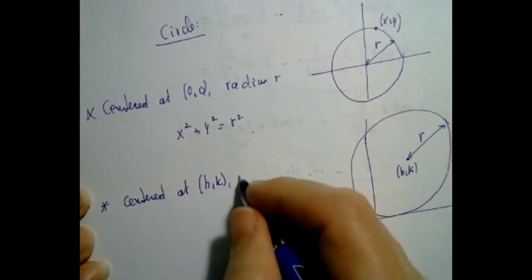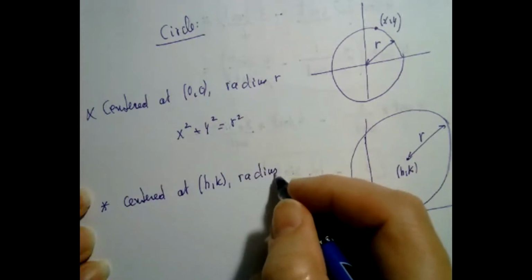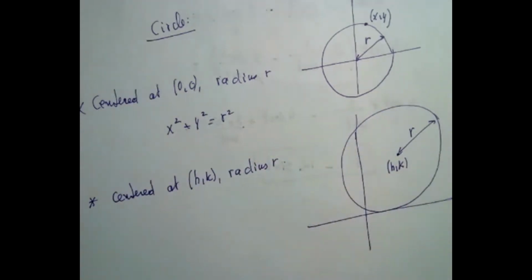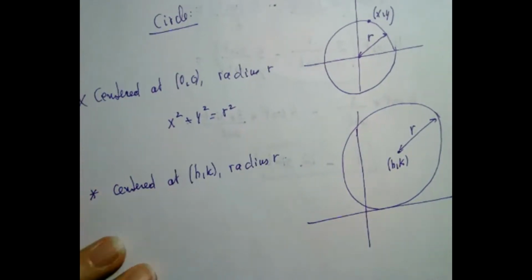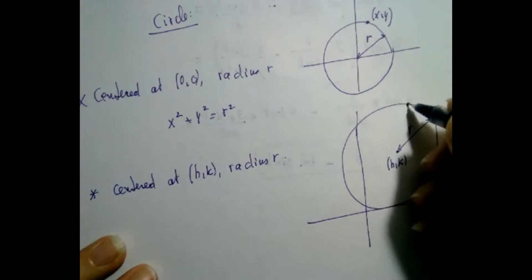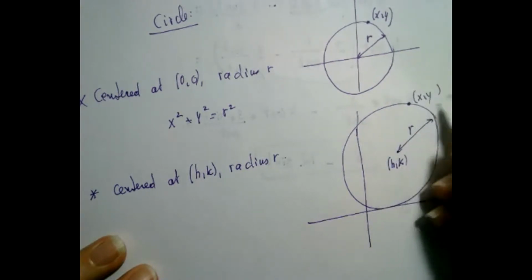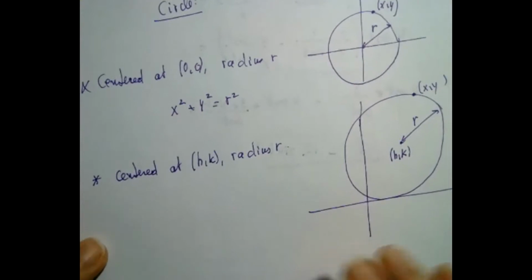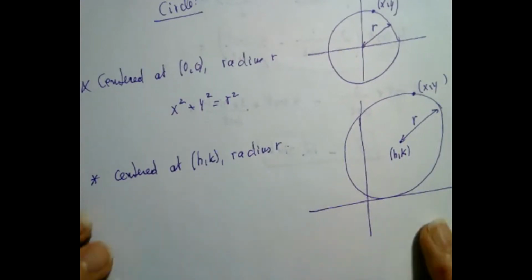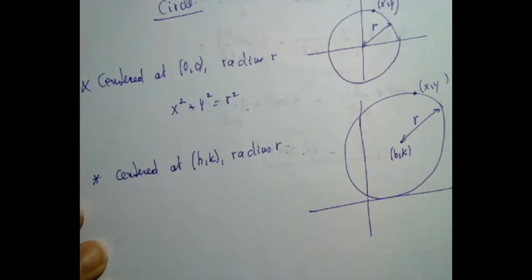Who can write the equation or tell me the equation immediately? How will it change when I change the center? It means what's going to be the relationship between any point on the graph?